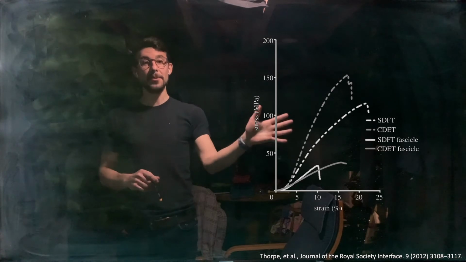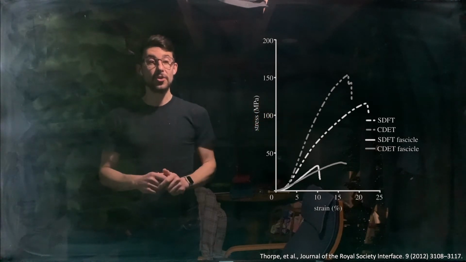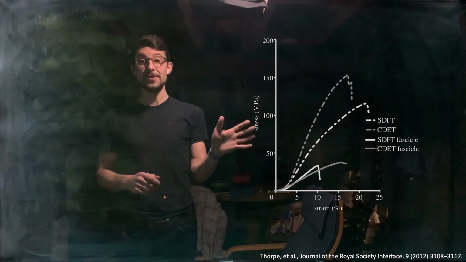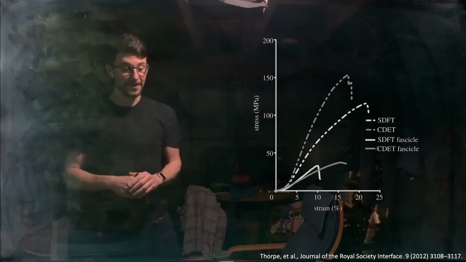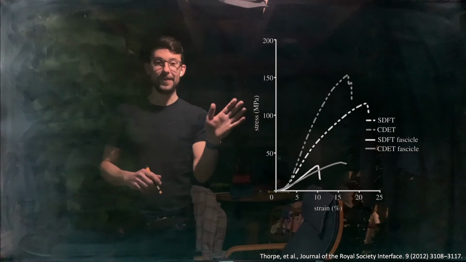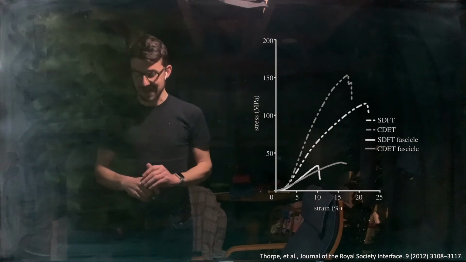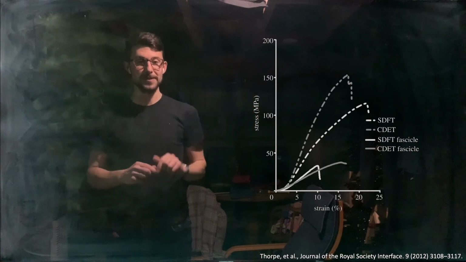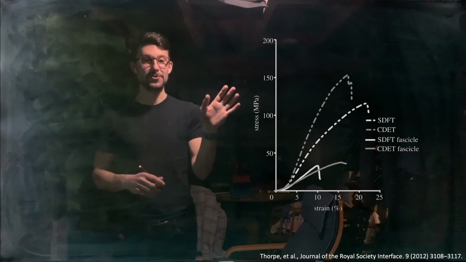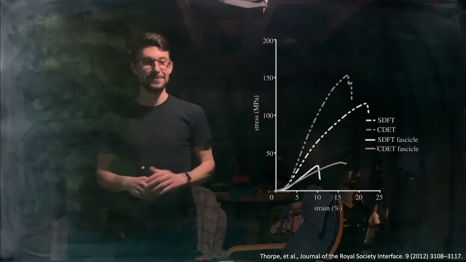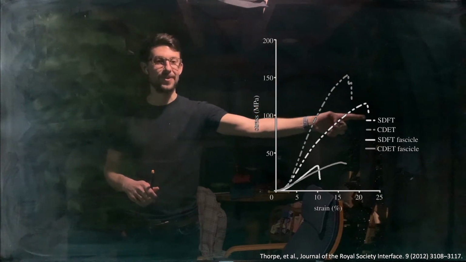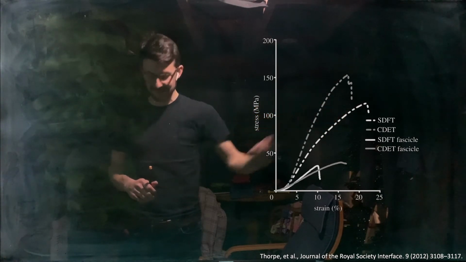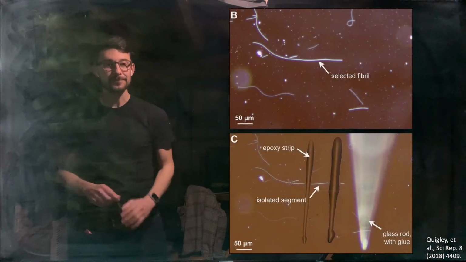And this is another plot from a different group showing that somebody else has found the same thing as we have. You should never believe the data presented by an individual as being the absolute truth on something. So somebody else has observed this same thing, where the flexor tendon is shown to be stronger than this lower stress extensor tendon.